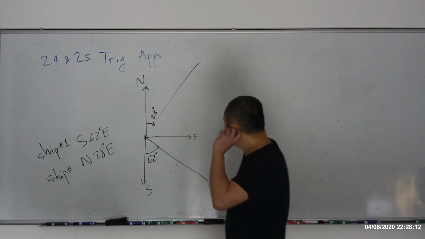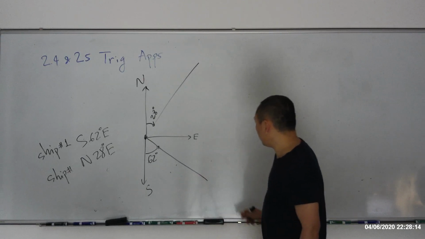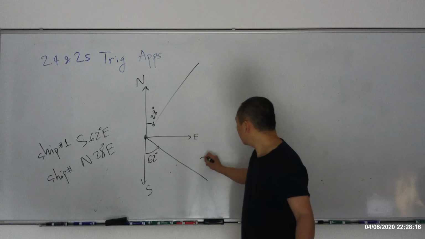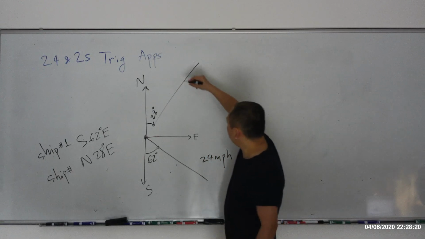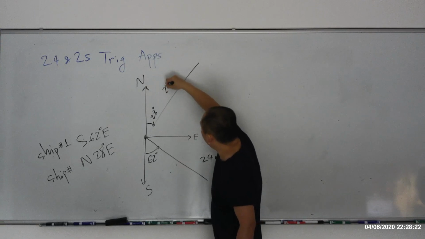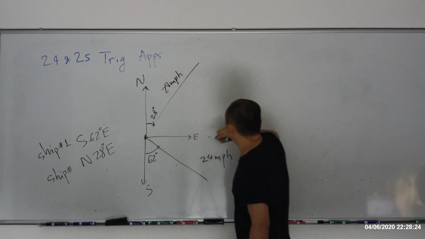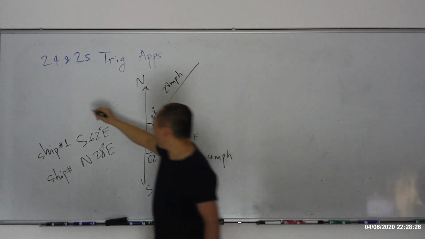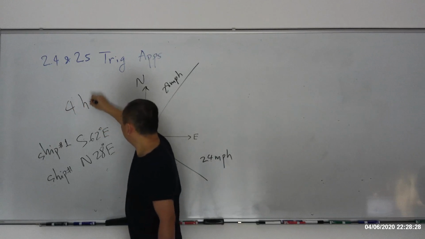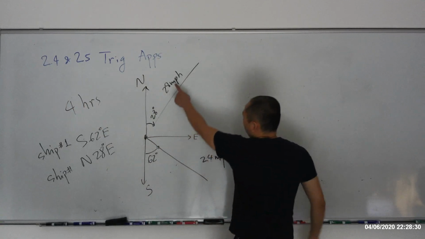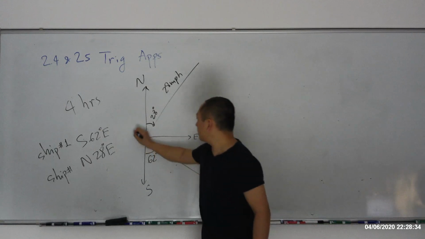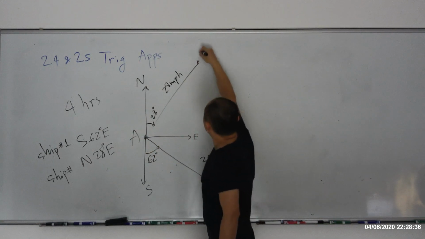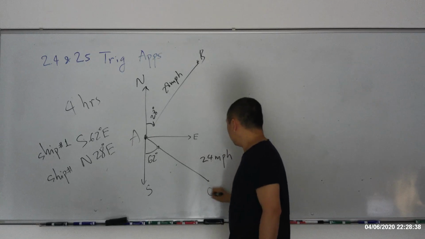And they give you some speeds right here. The first ship sails at a speed of 24 miles per hour. The second ship sails at a speed of 28 miles per hour. And both ships sail for 4 hours. You know the speed, you know the time, you should be able to calculate this. Let me label this A right here, B right there, and C right there.